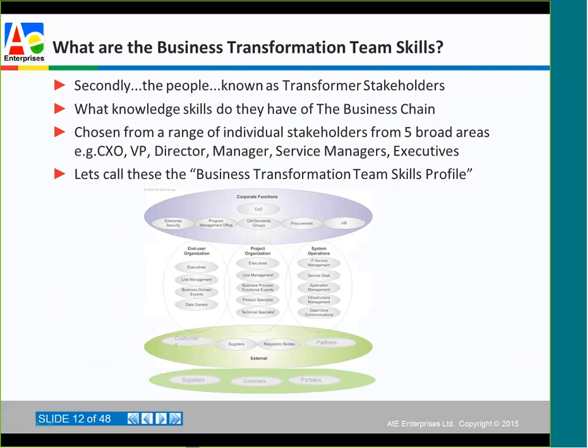So you're going to choose from a large range of individual stakeholders, 5 broad areas. There will be what we call the CXOs, that's the CIO and the CTO and the CFO, and the COO and CEO and all those other chief guys, whether that's their name or not. They may have another name. They may be VPs. They may be known as directors.